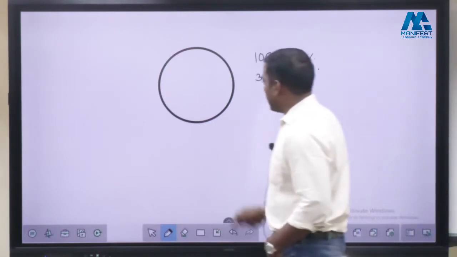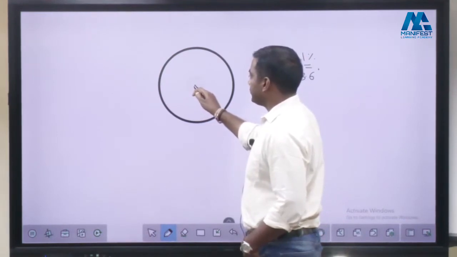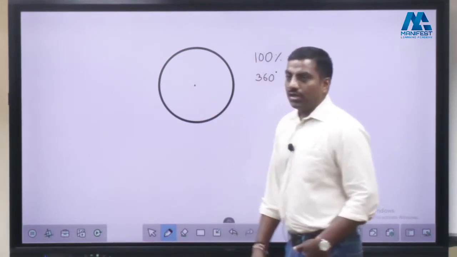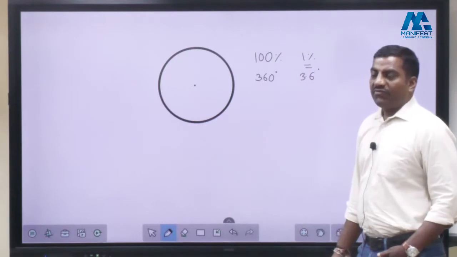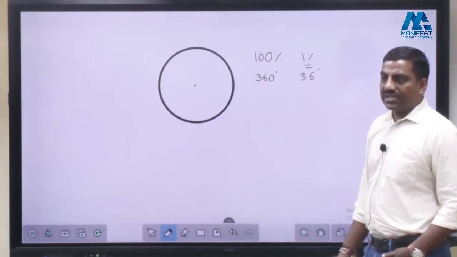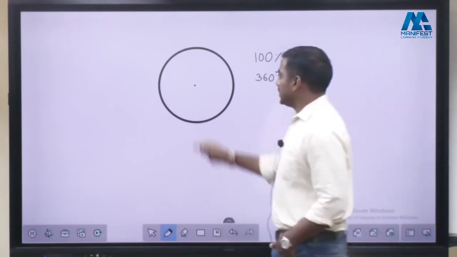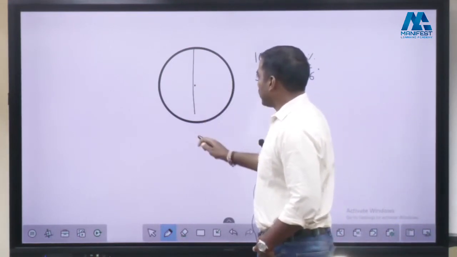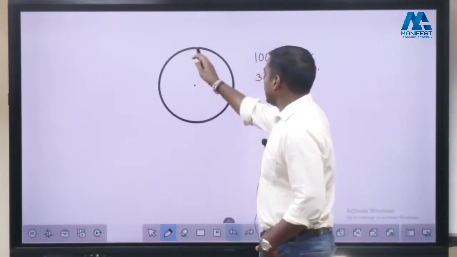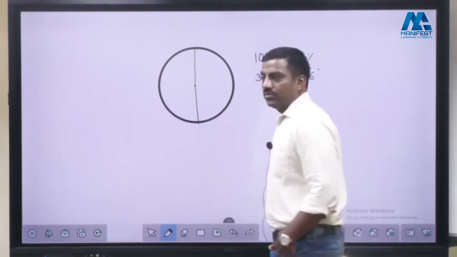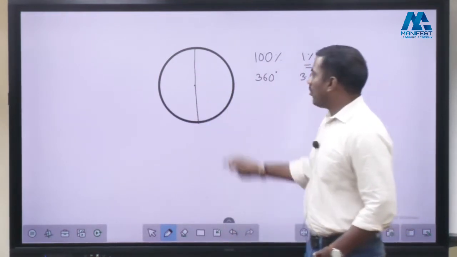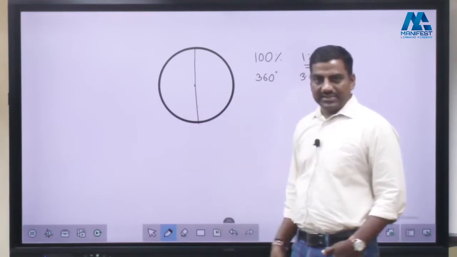For example, I want to represent 50% here. So how do I do this? Either make two halves, or you can draw 180 degrees this side, 180 degrees this side.